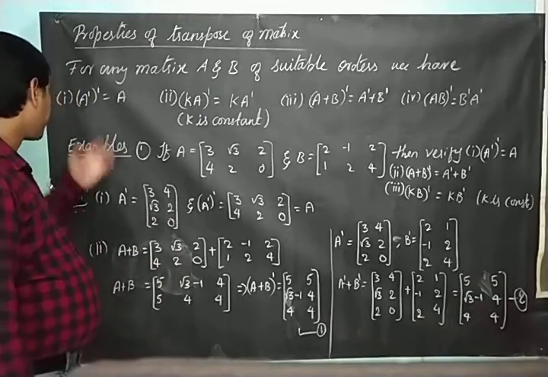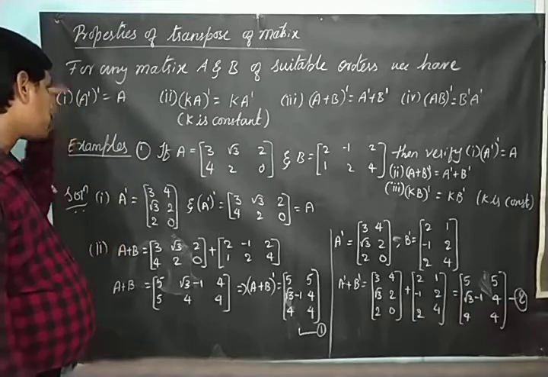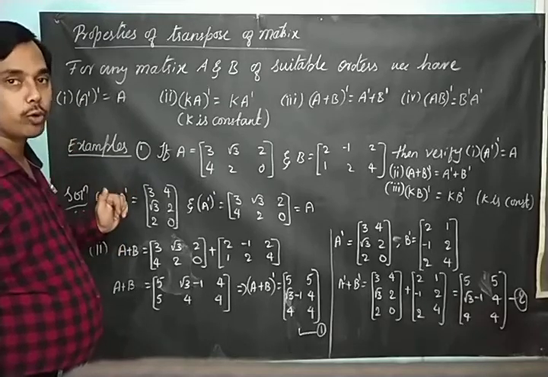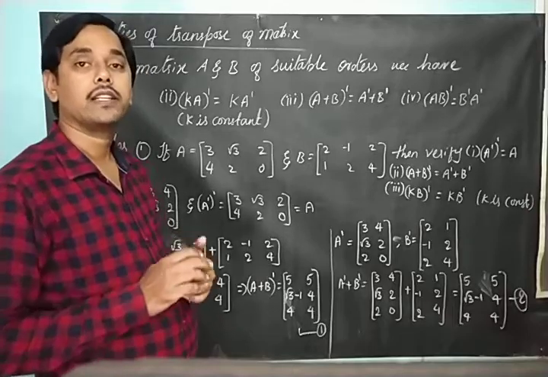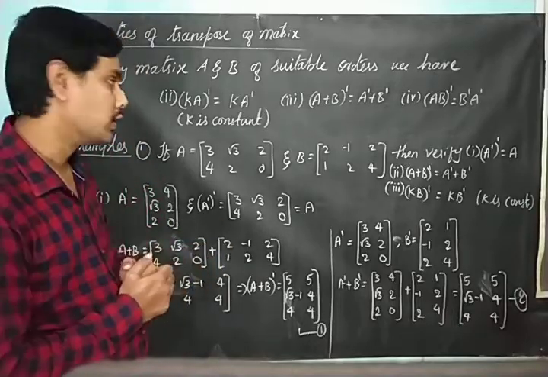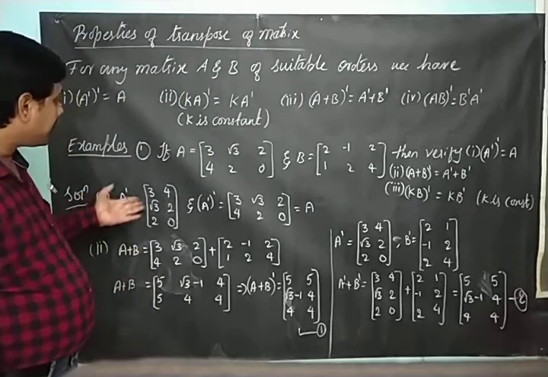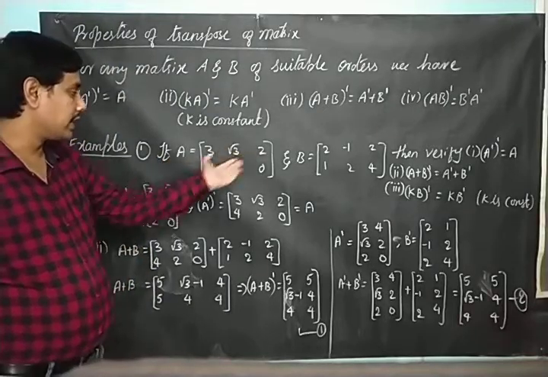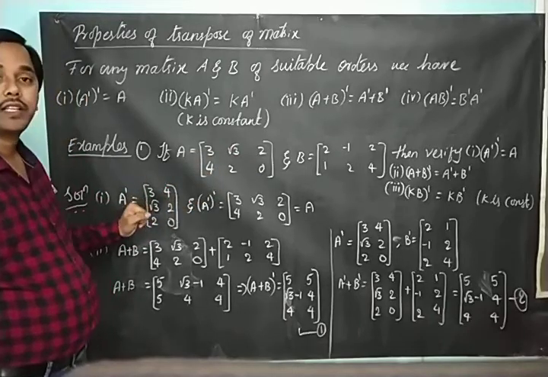Coming to the first property, A transpose whole transpose should be proved as equal to A. What is A transpose whole transpose? Transpose of A transpose. So let us explain that. A is given as 3, root 3, 2; 4, 2, 0. What will be A transpose?